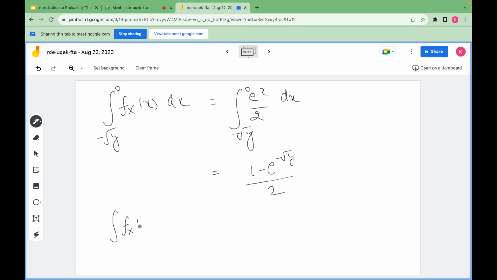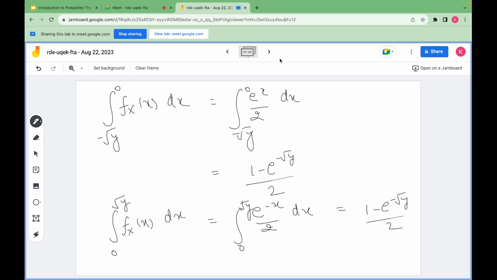Similarly, we will find it for the range 0 to root y, where it opens as e to the power minus x by 2 dx from 0 to root y. This will become 1 minus e to the power minus root y by 2.